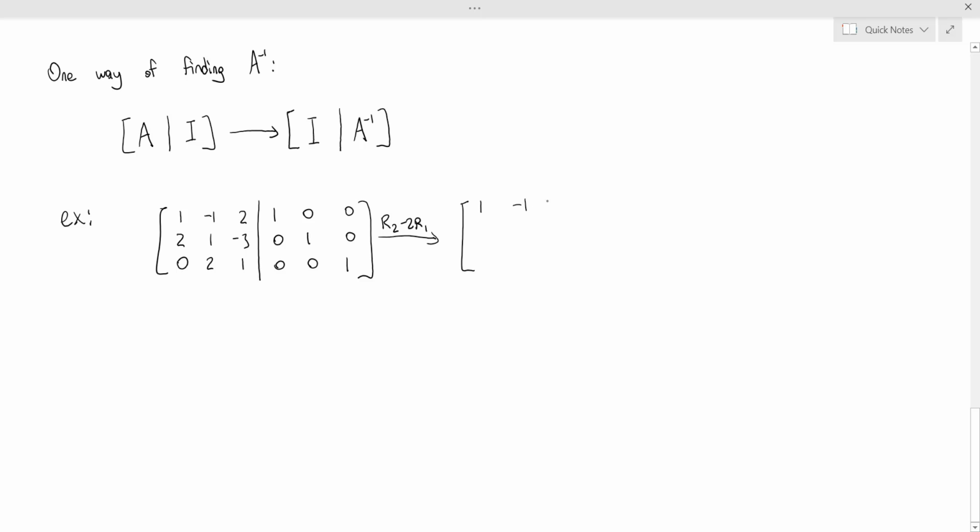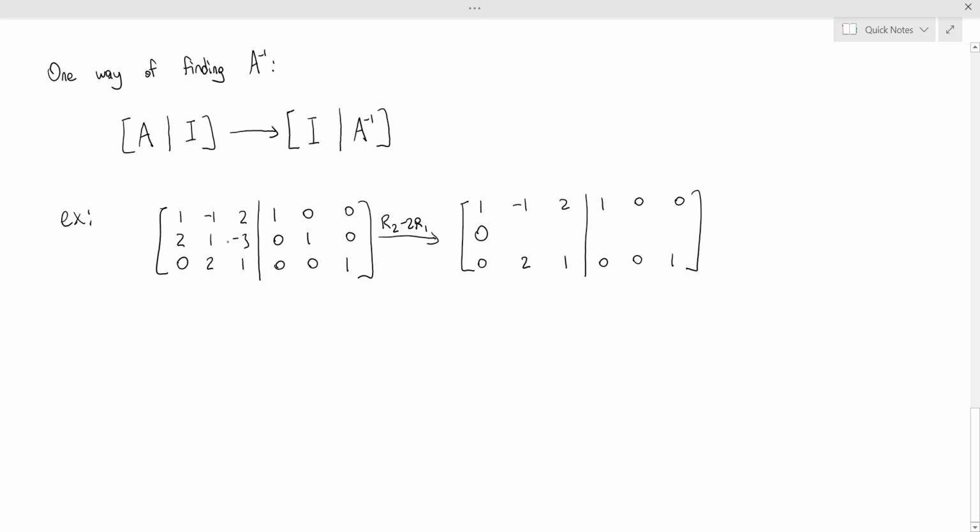So row 1 will be unchanged. Row 3 will be unchanged. But we are subtracting 2 of row 1 from row 2. So we'll get a 0 here.